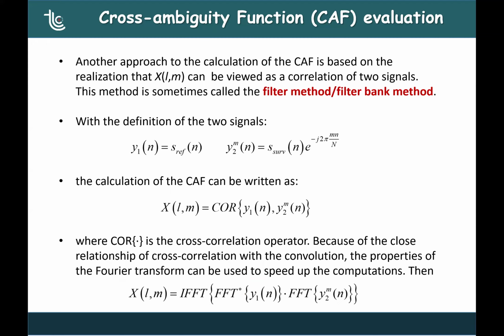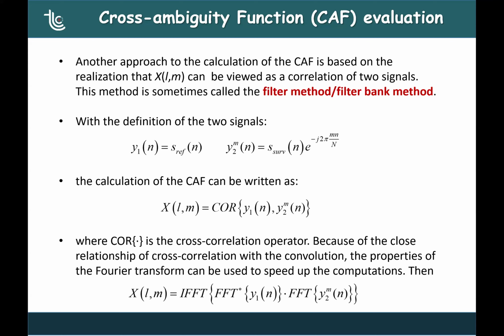Then the sum can be interpreted as the correlation between the signal y1 and the other signal y_m2. But the cross correlation can be implemented in an efficient way, passing first to the frequency domain and then making the product between the two FFTs of the signals y sub 1 and y sub 2.